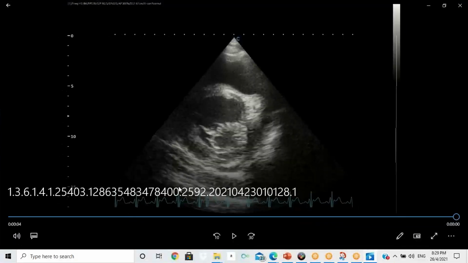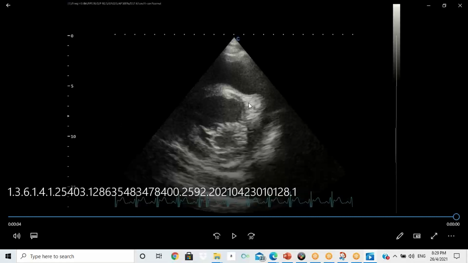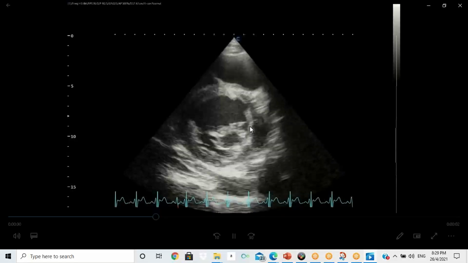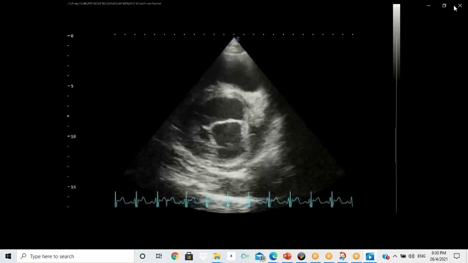So if you pull the angle of the transducer upwards, you can get short axis at the base of the heart. And remember, you have the mitral valve at the base. This is a bit off-centered, but this is the mitral valve. Okay.